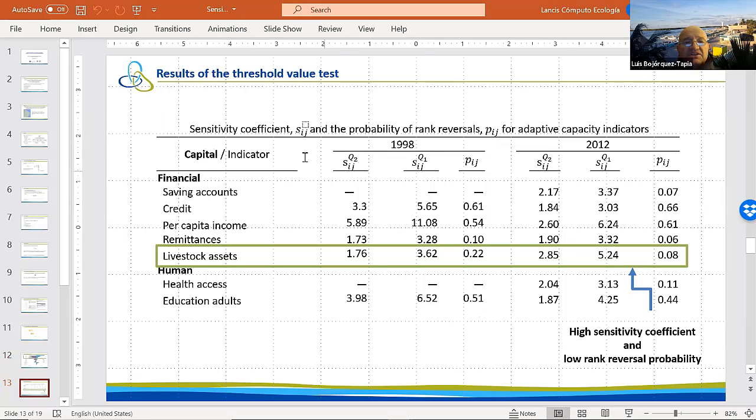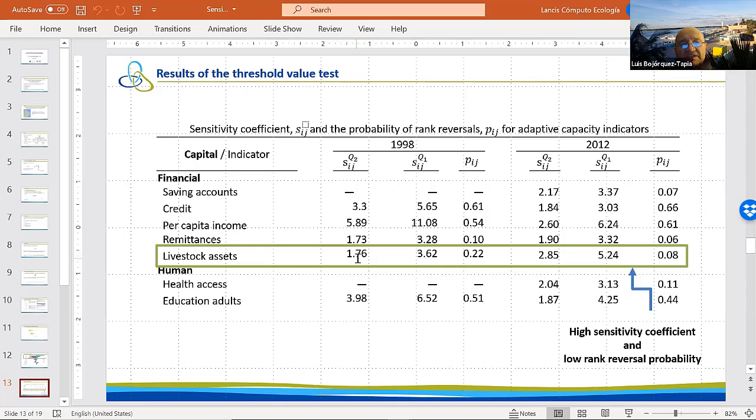When we review the sensitivity coefficient for the rank reversals, what we can see is two things. In this case, let's check livestock assets, the number of heads of cattle. For 1998, check the values of the index.